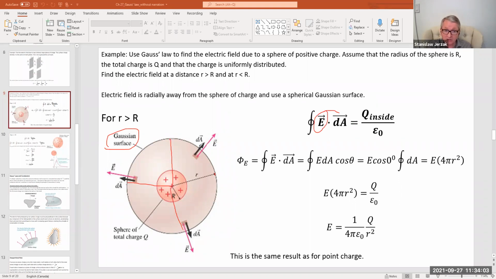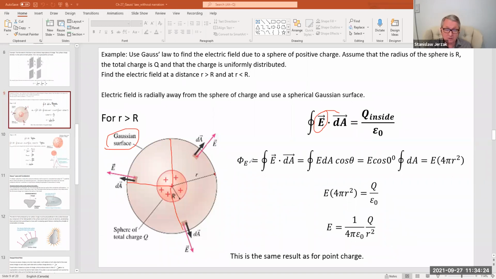Of course, directions are different. We expect that the electric field produced by the spherical charge is radially away from the center, but its magnitude should be the same on that surface.